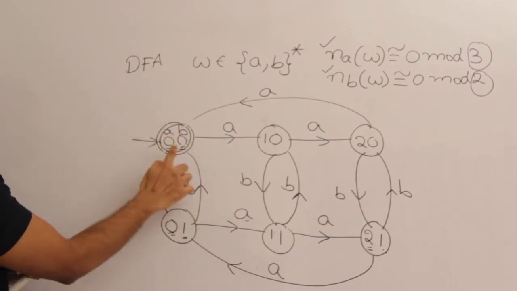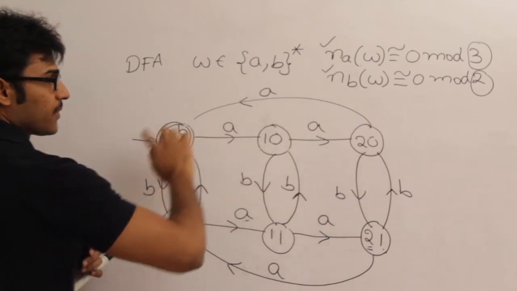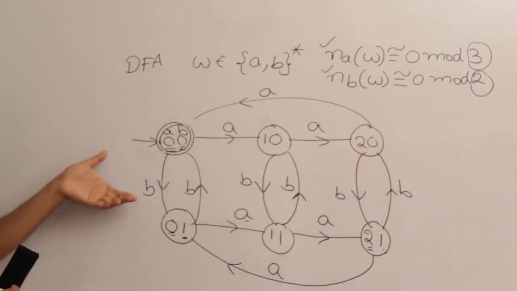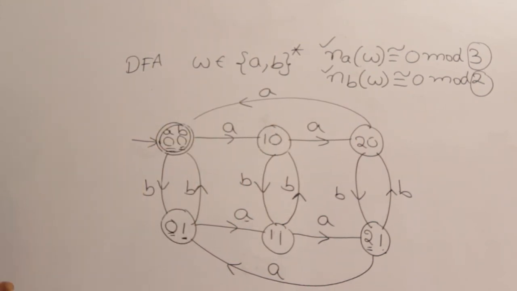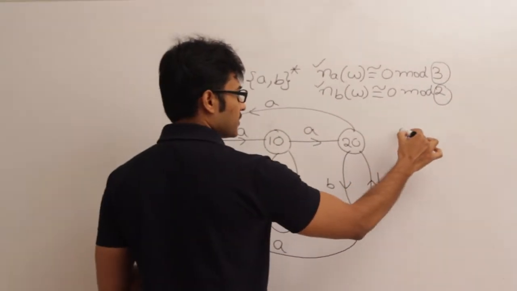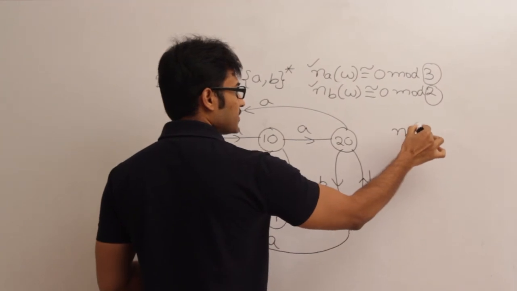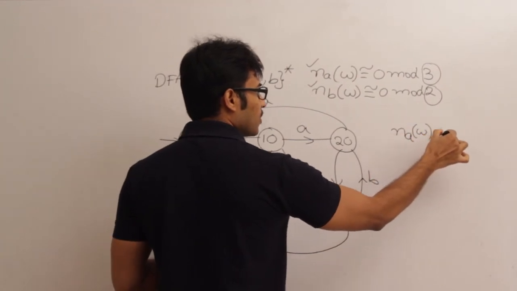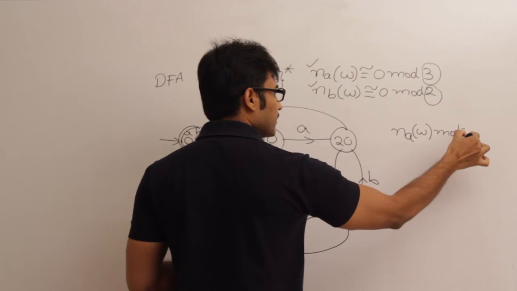Even this is a mod 2 counter and this is a mod 3 counter. Okay, so how many states did we get? 6. Remember that.